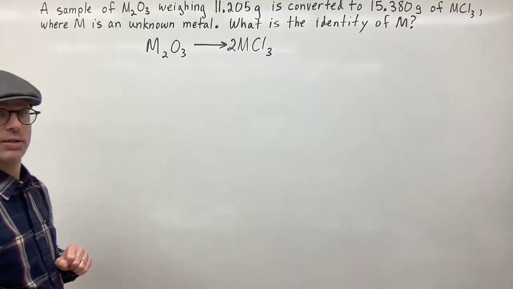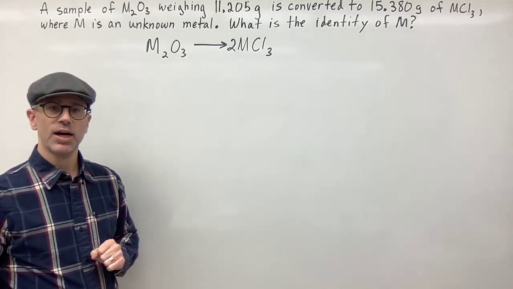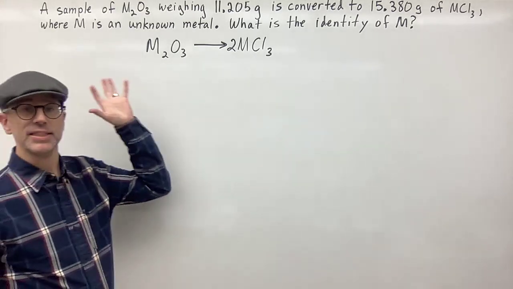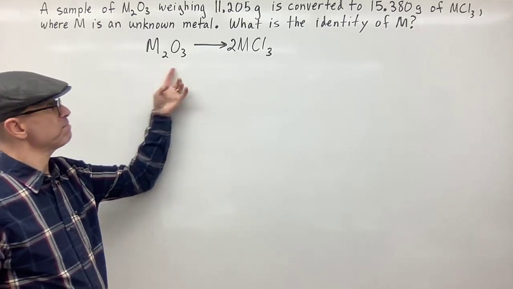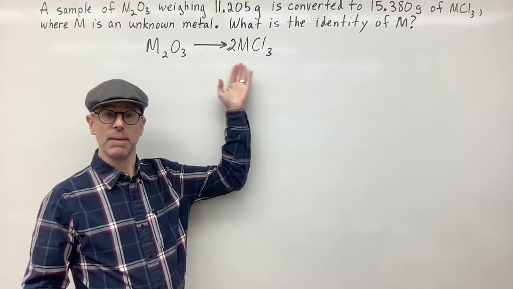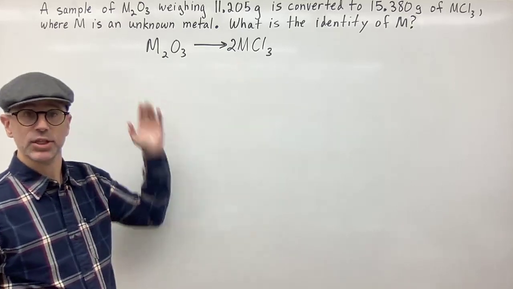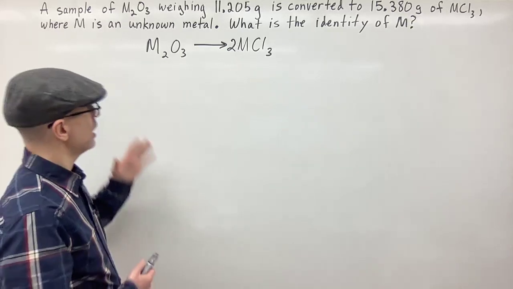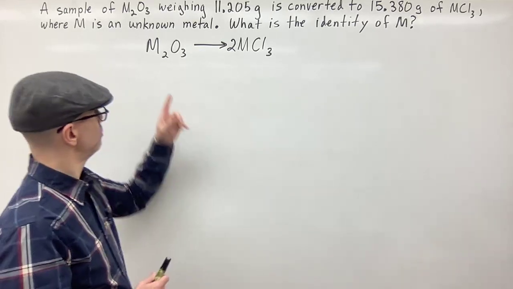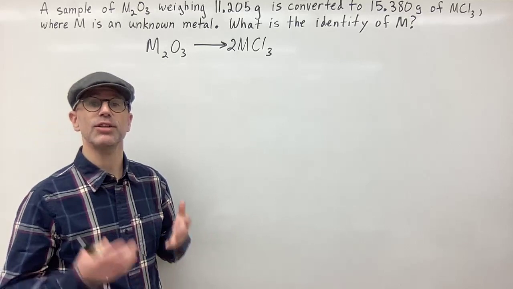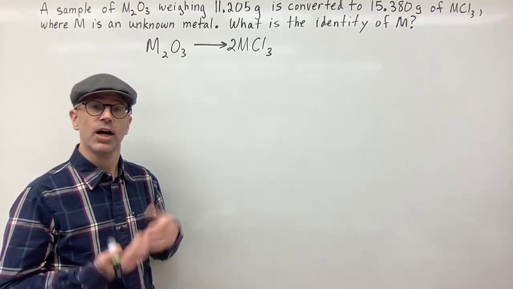Number two, they give us the starting amount of the M2O3, and they give us the ending amount of this in mass. Well, to help us figure out what the identity is, we need to know what the molar mass of M is.